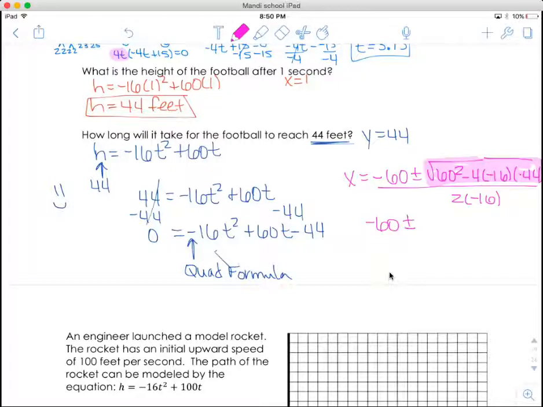And if you're putting in your calculator and you're getting the wrong answer, check your negatives. That's 28 over negative 32. So we're going to have to take negative 60 plus 28 over negative 32 and negative 60 minus 28 over negative 32.